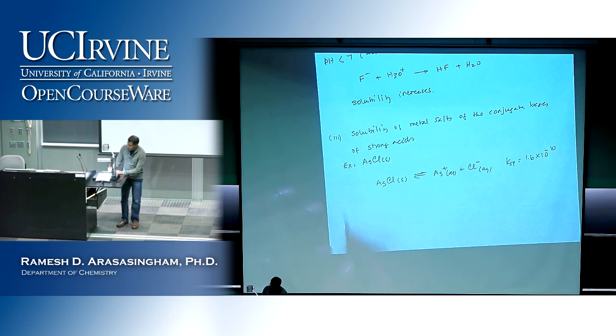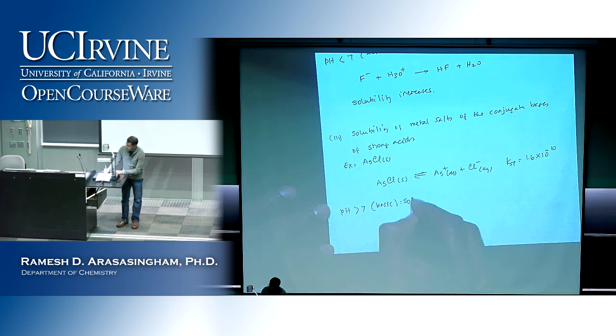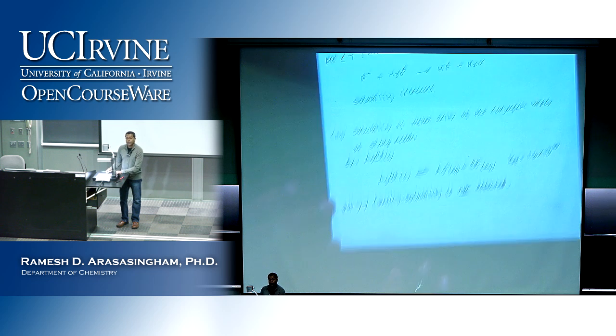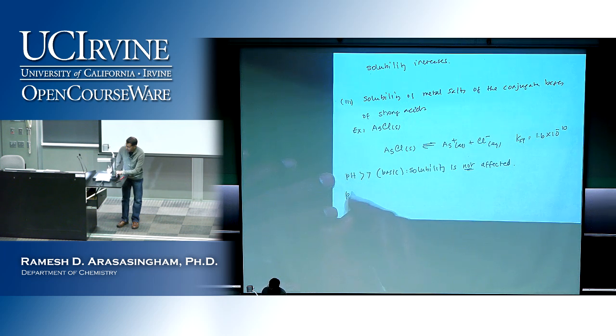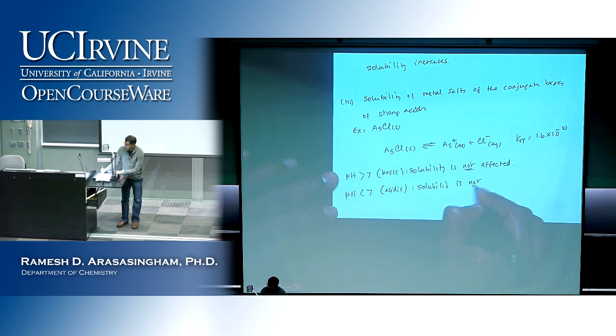All right? Again, if pH is greater than 7, the solution is basic, solubility is not affected. Okay? If pH is less than 7, in other words, if the solution is acidic, in this case, solubility is not affected.